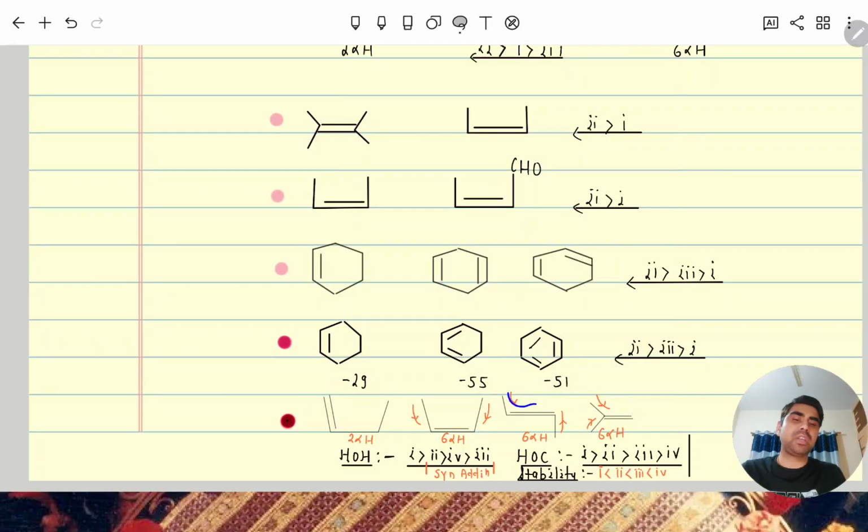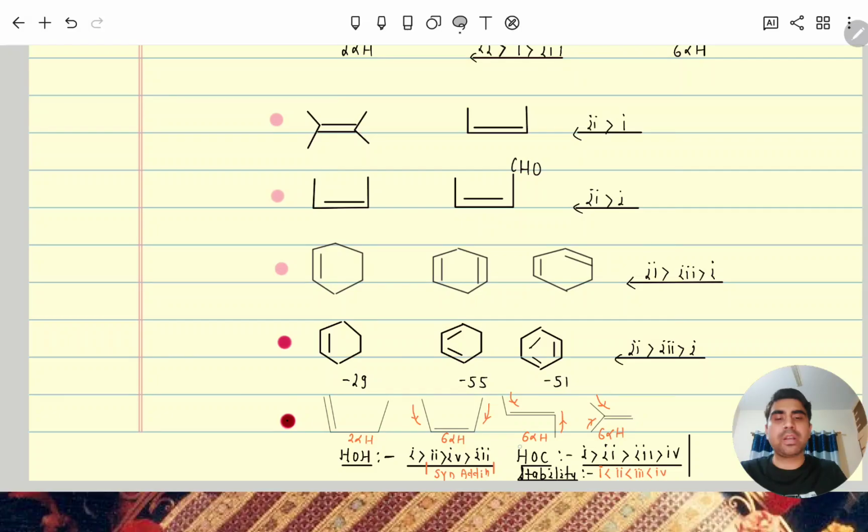Here also you can see these electron waves, high to low, and this one also high to low, colliding with each other. Whereas this electron wave is moving in the same direction, so it is constructive interference. So this electron wave is more, so here stability is more. So if stability is more, then heat of hydrogenation will be less.